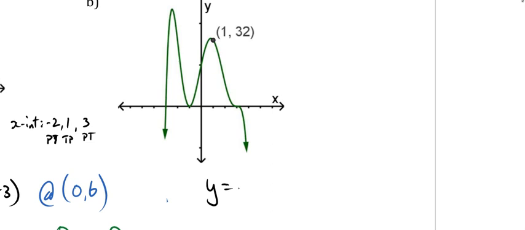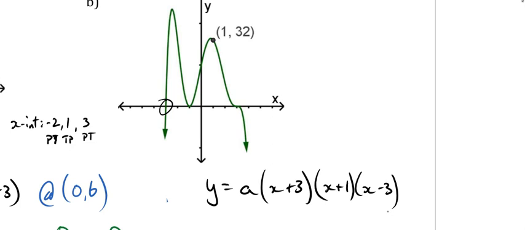So what's different? So a lot of people have moved on already, so I'm going to try to catch up here. So I start with y equals a. And what are my x-intercepts? So one of them's at -3, so x plus 3. One of them is at -1, so x plus 1. And one of them is at +3, so x minus 3.